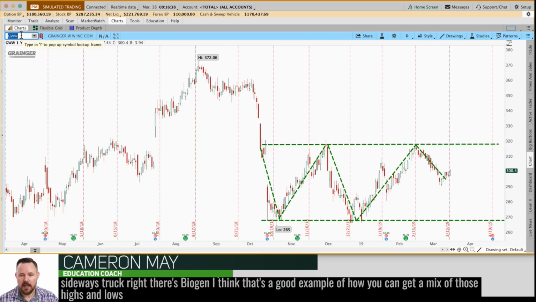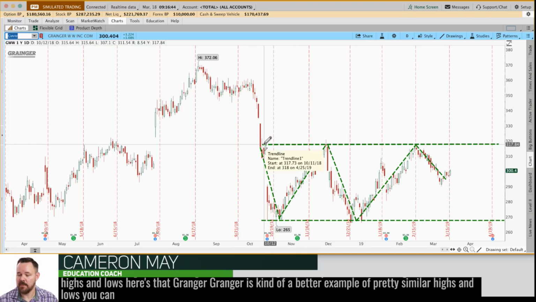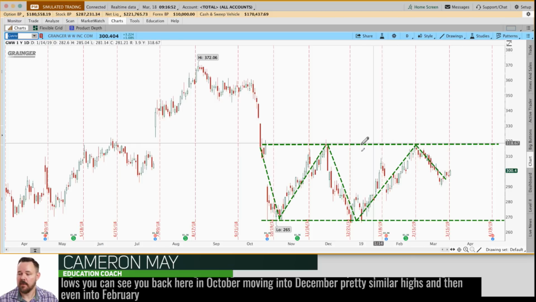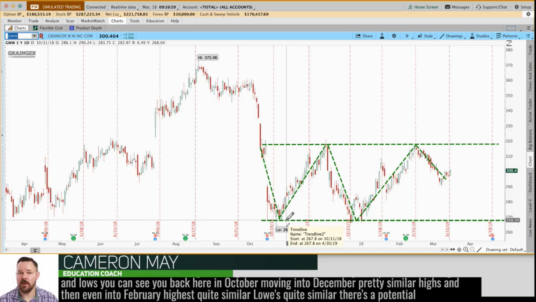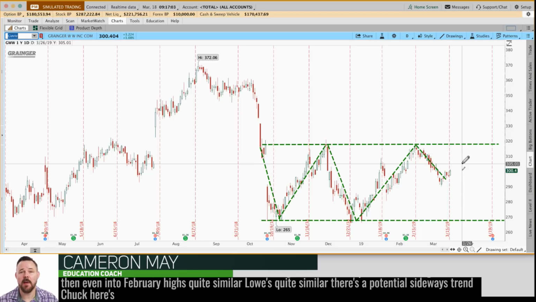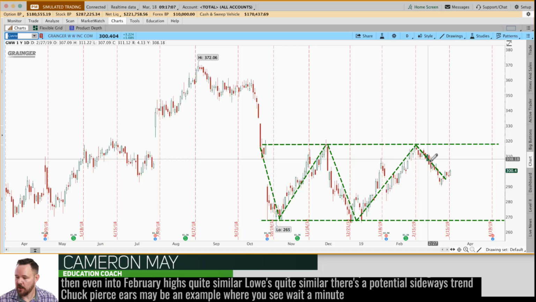All right, there's Biogen. I think that's a good example of how you can get a mix of those highs and lows. Here's Grainger. Grainger is kind of a better example of pretty similar highs and lows. You can see back here in October, moving into December, pretty similar highs, and then even into February. Highs quite similar, lows quite similar. There's a potential sideways trend. And Chuck, here's maybe an example where you see, wait a minute, are we really going sideways anymore?